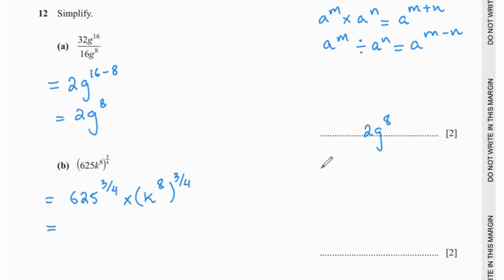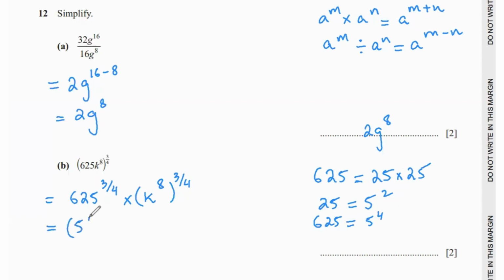Now 625 is basically 25 times 25. And since 25 is 5 squared, 625 is 5 to the power of 4. So replace 625 with 5 to the power of 4. And over here, we can expand the bracket by multiplying the powers. So 8 times 3 by 4.